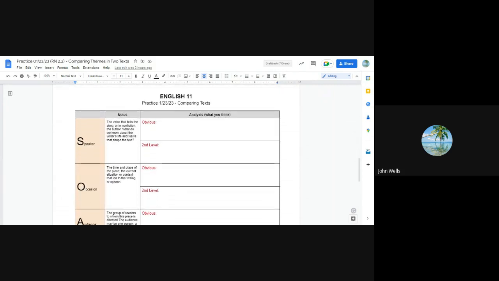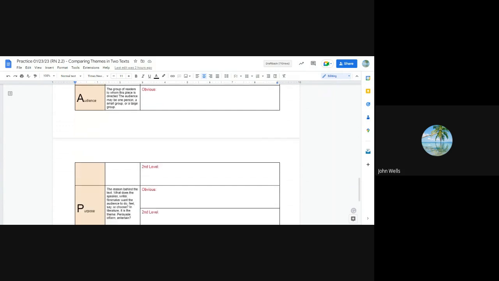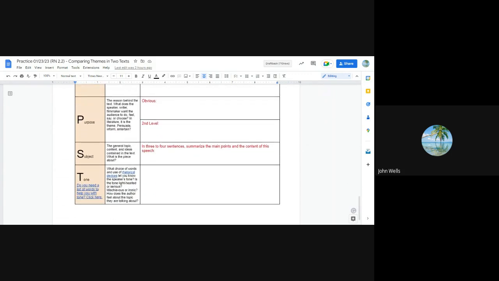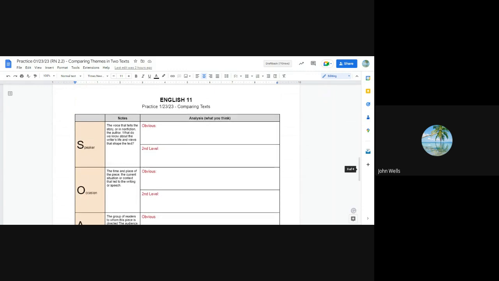And then we're going to look at this SOAPSTone activity. Now, we did this SOAPSTone the other day. We talk about the speaker. What do we know about the speaker? The occasion, the audience. We look at the purpose of the speech. We look at the subject matter, the content, what was the message, and then the tone and how the speakers came across.